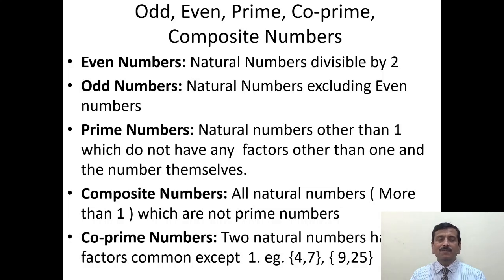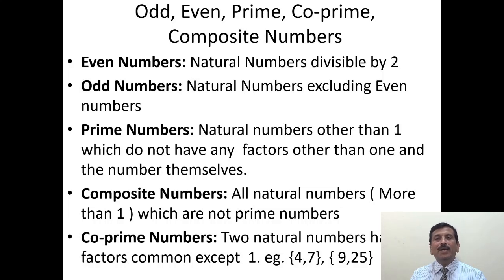Now, a typical, frequently used concept in quantitative aptitude is the concept of prime number. What do we understand by prime number? All natural numbers other than 1 which do not have any factors other than 1 and the number itself will be called prime numbers.